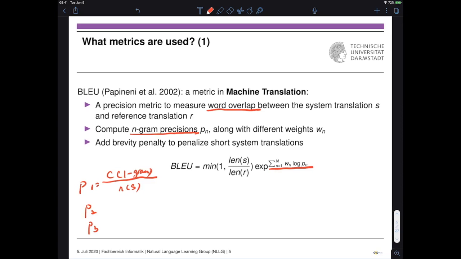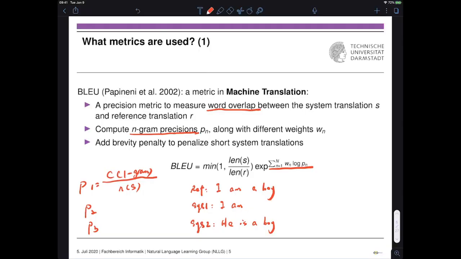But be careful, sometimes the BLEU score could be inflated if system translations are too short. For example, if we have the reference "I am a boy" and the first system translation "I am", and the second system translation "he is a boy". If we calculate the unigram precision of them, for the first system translation we can see there are two words overlapping between the system translation and the human reference.